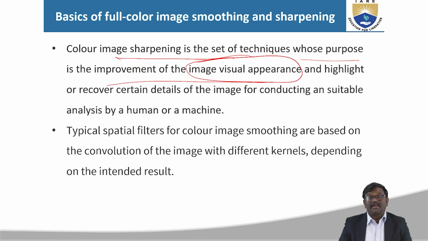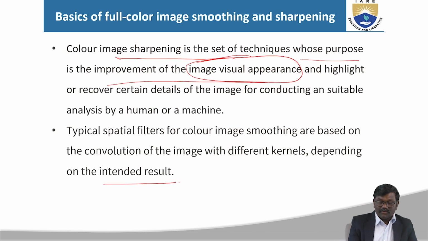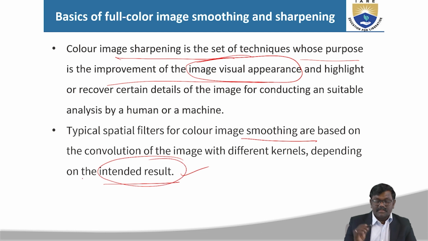Typical spatial filters for color image smoothing are based on the convolution of the image with different kernels, depending on the intended result only. So smoothing will always help in terms of the intended result. What we can understand from this slide is that full color image processing is done by applying either smoothing or sharpening.